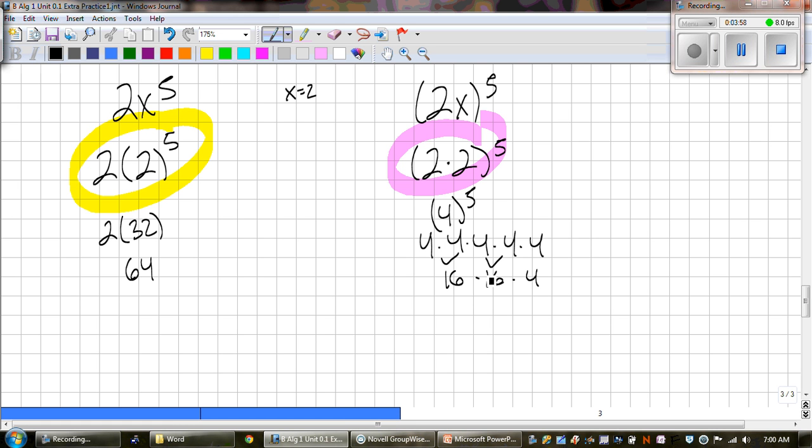And then 4. 16 times 16, 64. Okay, this is a good chapter to have your multiplication chart. 64 times 4, well, 4 times 4 is 16. 4 times 6 is 24 plus 1. So we would get 256. All right, so there is a big difference between those two values.